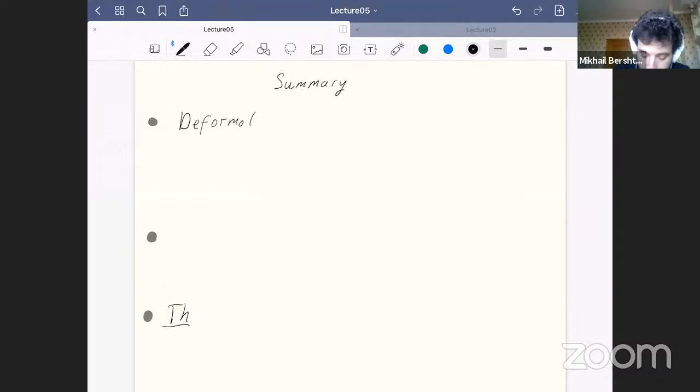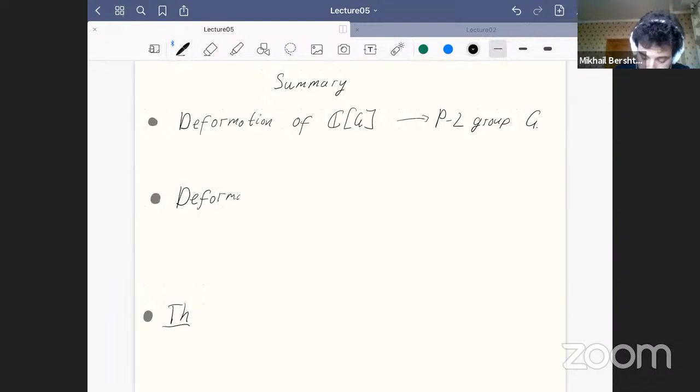First, we discussed deformation of the algebra of functions on G, and this leads us to the Poisson-Lie group structure on G. And then we discussed the dual objects, deformation of the universal enveloping algebra of G. And this is a Lie bialgebra.